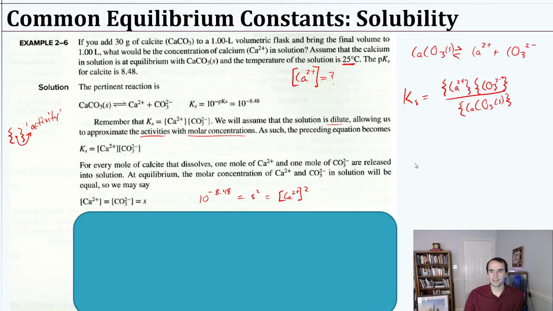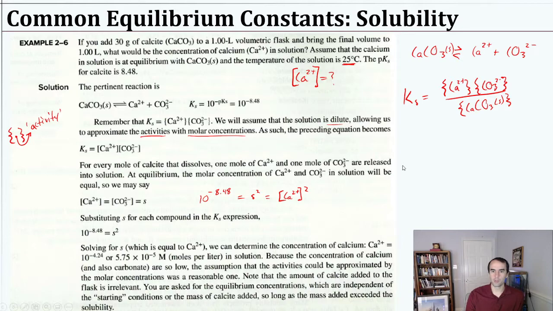So in that sense, we'll take a look, and presumably that's what they're doing. And yep, S squared equals 10 to the minus 8.48. And then when you solve, we have S is equal to Ca2+ concentration, and then they do that solution, and it turns out the calcium is equal to 10 to the minus 4.24 moles per liter.